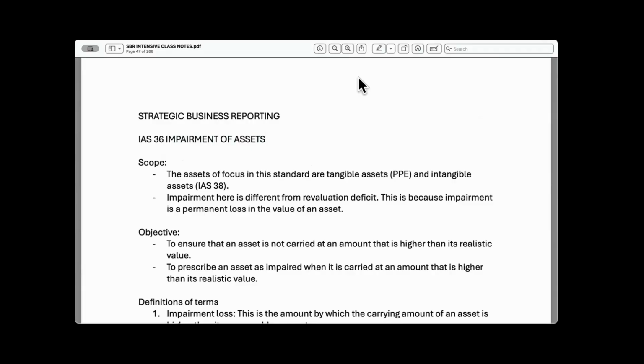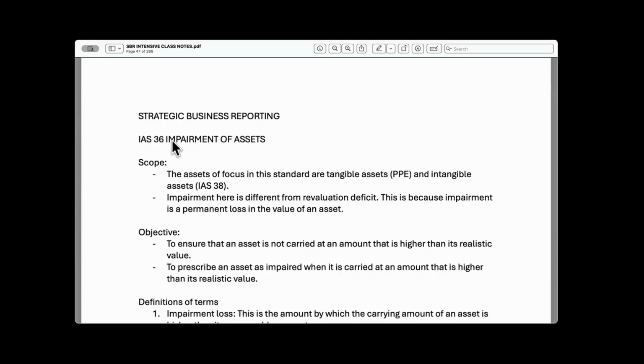This one focuses on non-current assets, basically PPE or intangible assets. So the focus of this is how do you impair those classes of assets like PPE and intangible assets.